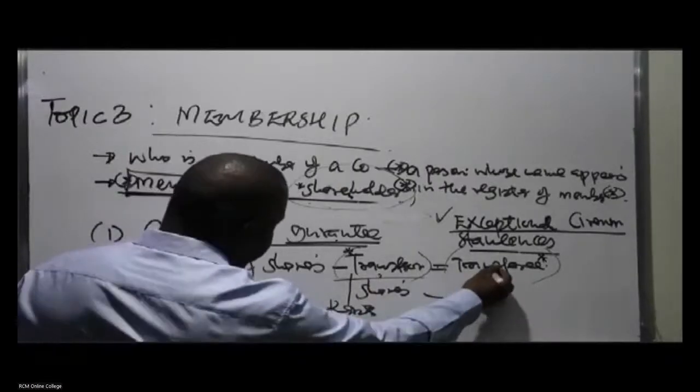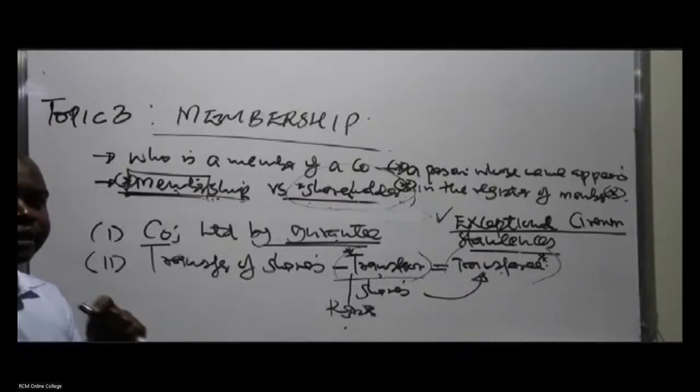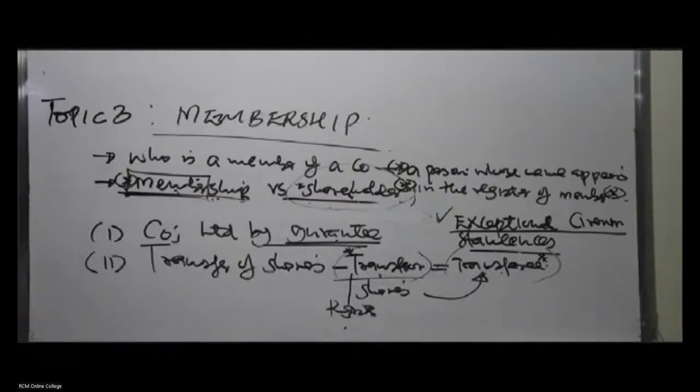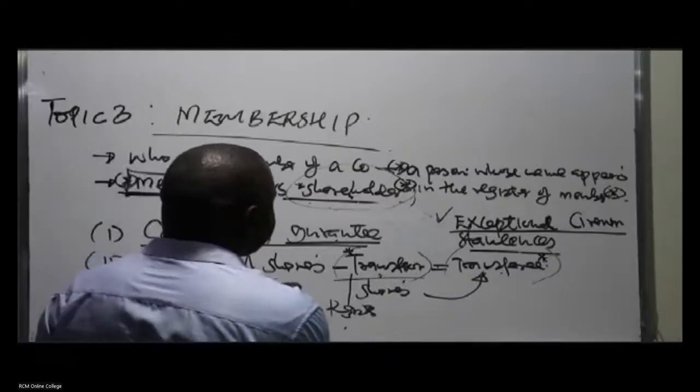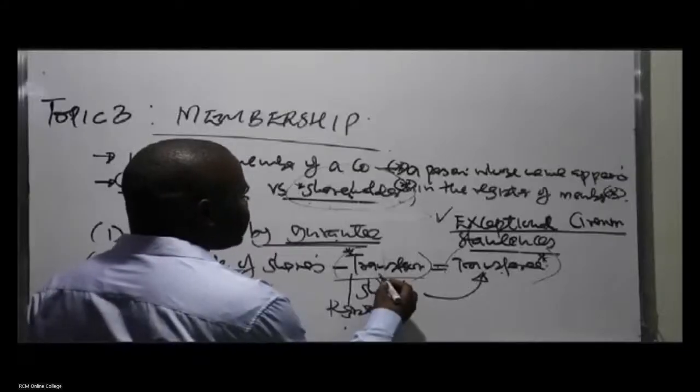The transferee is just a shareholder because he has already gotten the shares under the contract or agreement, but he's still waiting for the company to approve. I'm just waiting for them to approve so they can put my name in the register of members. Then I become a member. So in this kind of situation under transfer of shares, this party is just a shareholder, and that party is just a member.